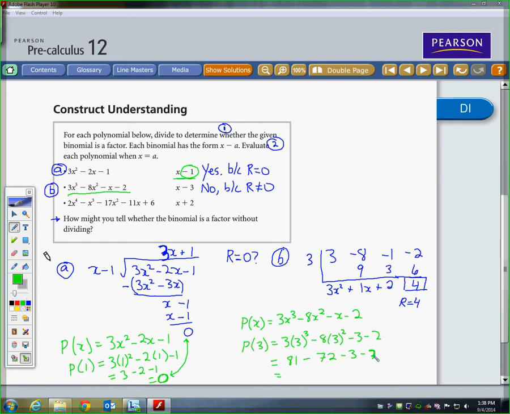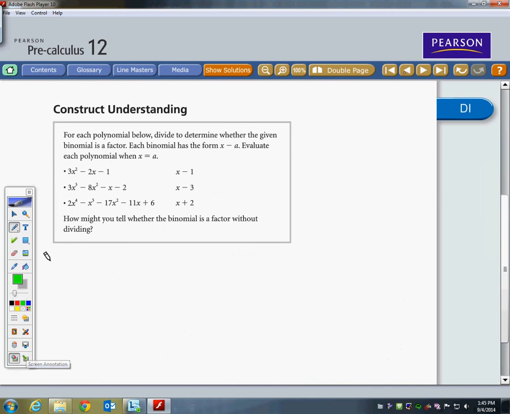So negative 72, negative 3, and negative 2 combined together is negative 77. So this is 81 minus 77, and lo and behold, this is equal to 4. So I think we're ready to say, hey, we found a pattern that works. I'm just going to switch to the next page.